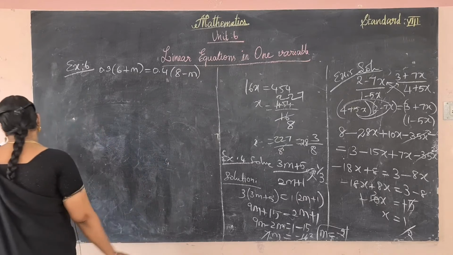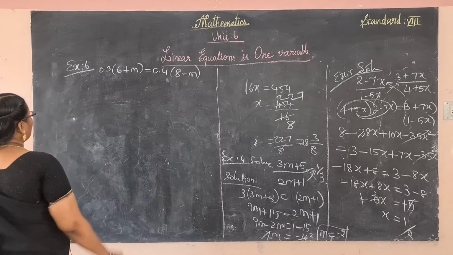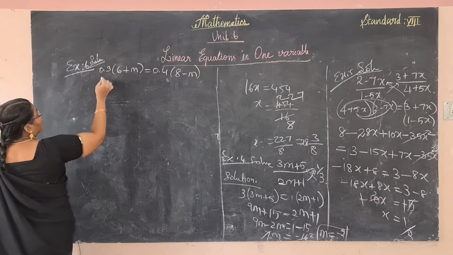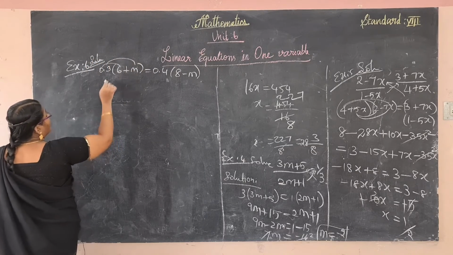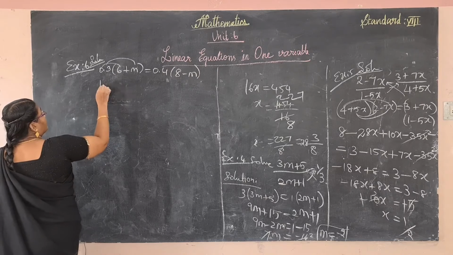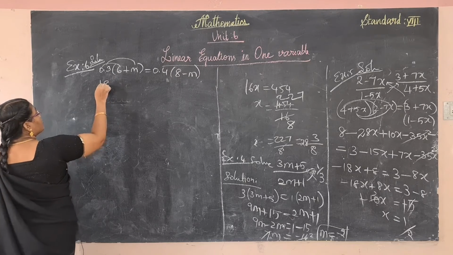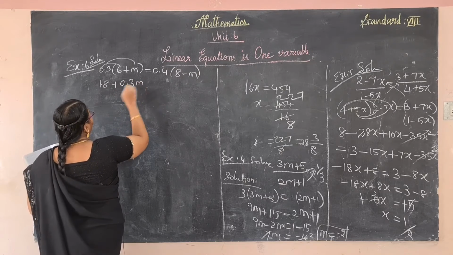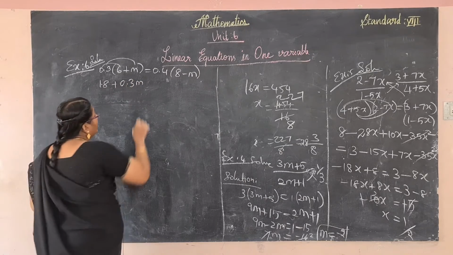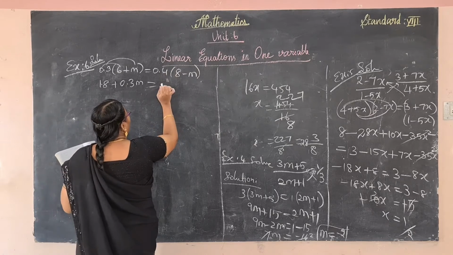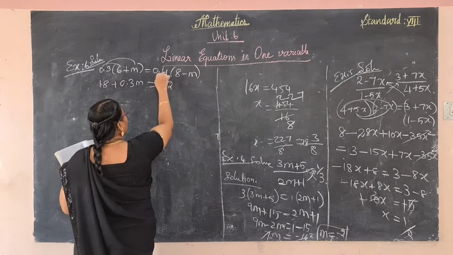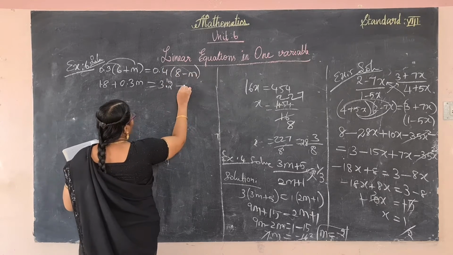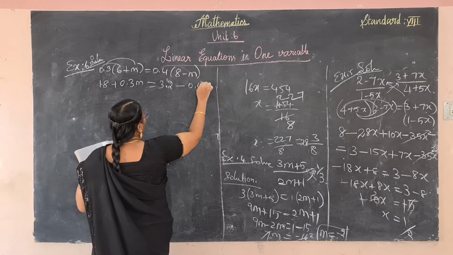Now multiply each term. So 0.3 times 6 is 1.8, one decimal point, plus 0.3m. Here 0.3 times 2 ... the decimal point, one decimal point, and next multiply this one, minus 0.4m.